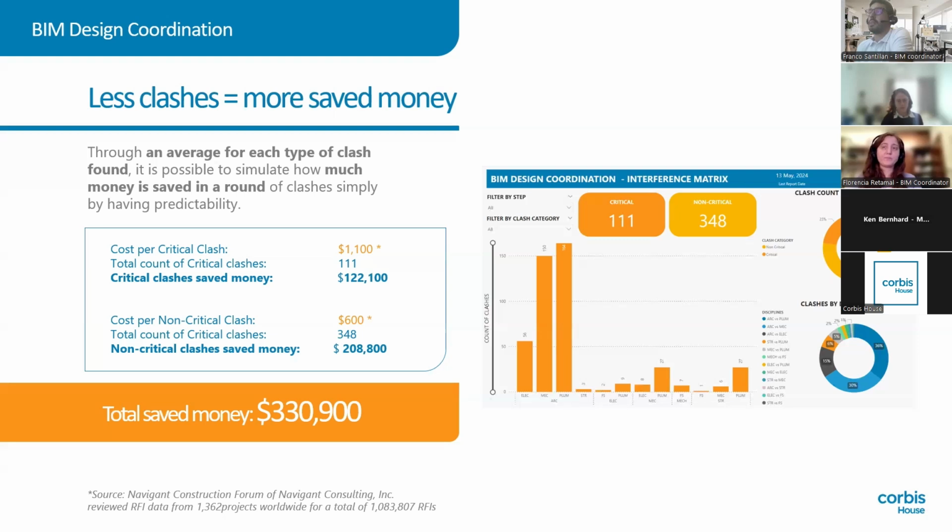So in this specific case, where we found 111 critical clashes and 348 non-critical clashes, the total amount of money saved after fixing these different clashes is around $330,000.